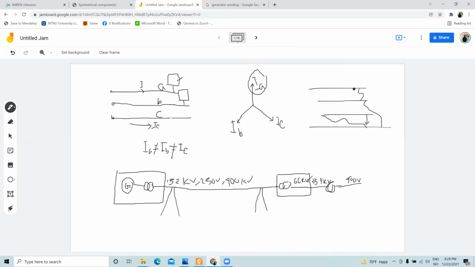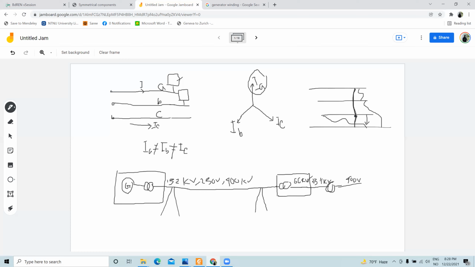Or it may happen that three of the phases get short circuited, that means they get connected. For instance, because of tree branches falling on the line, three of the lines may become short circuited, or it may become a three phase short circuit and touch the ground. So we have all different combinations of short circuits.